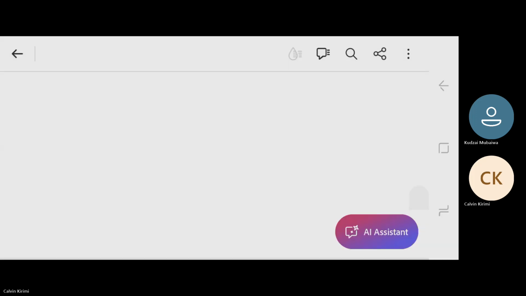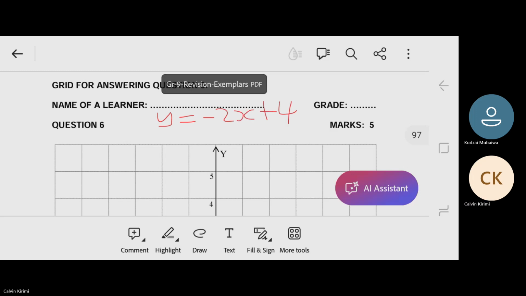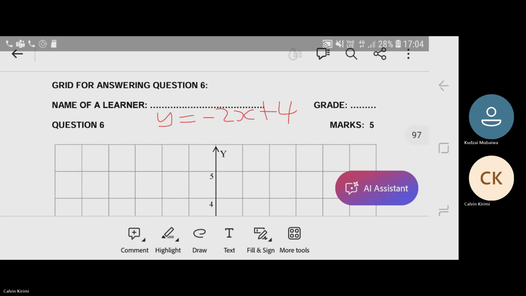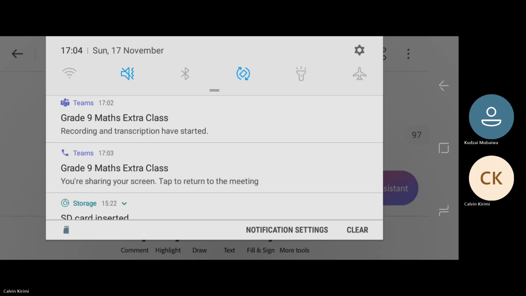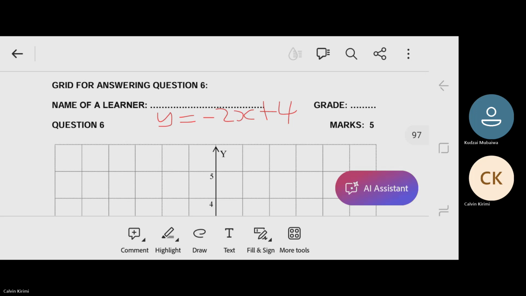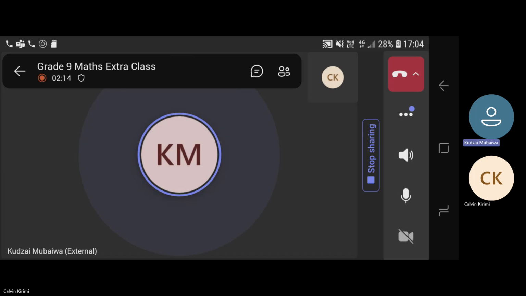Sir, I can't see anything on the screen. Can you see anything? Oh, sir, it's showing a loading screen. Is it fine now?